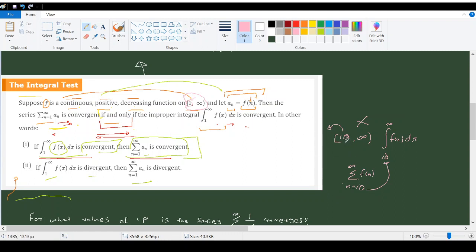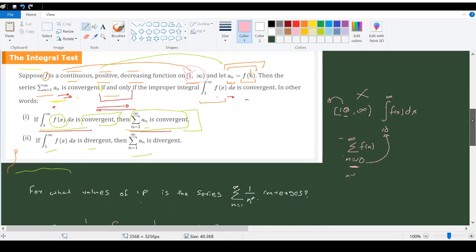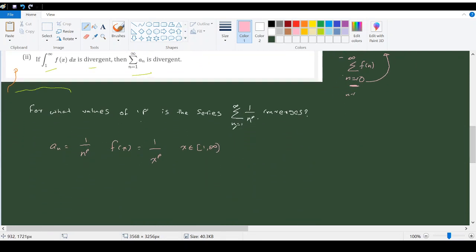So if we are starting at a number different from 1 for the integral, then the corresponding series should also start with the same number and not 1, right? Anyway, since our series is given in a way that it starts at 1, we should also use the domain for the function starting from 1, right?